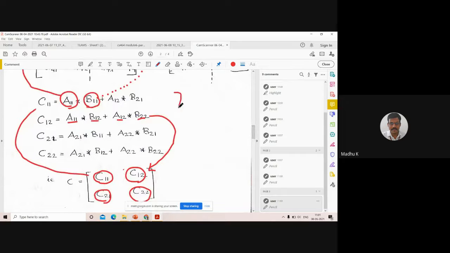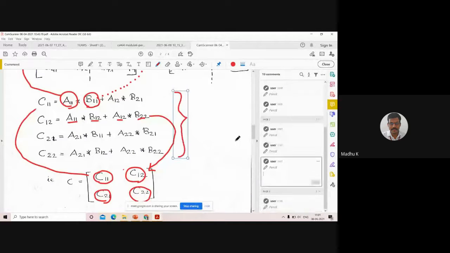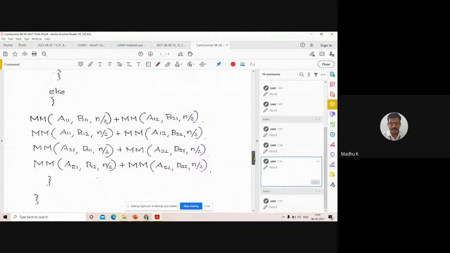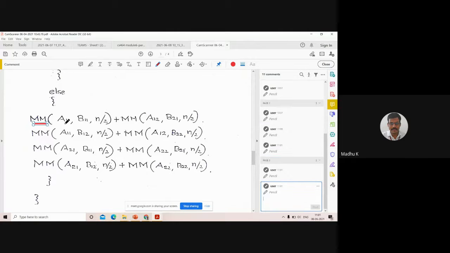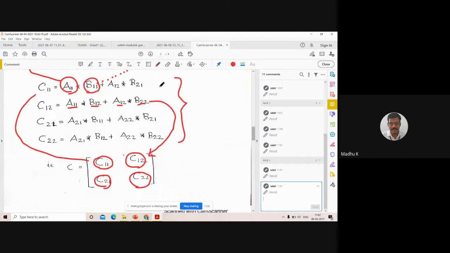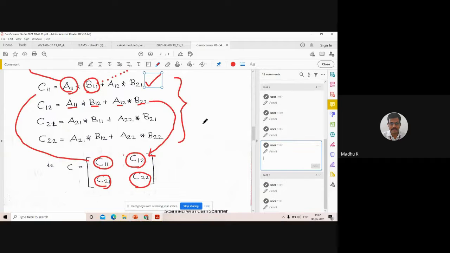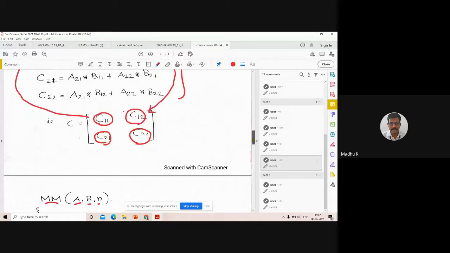First, we will call the same function with A11, B11 and size n by 2, and A12, B21 with size n by 2. So this is equivalent to this step. Next, we will perform this one. Second is A11 into B12 plus A12 into B22.